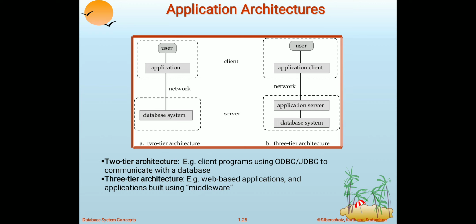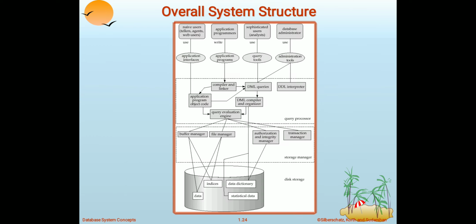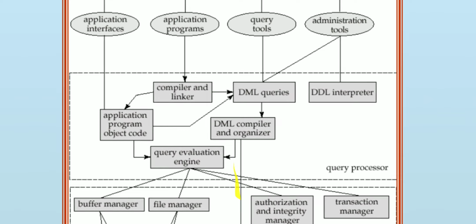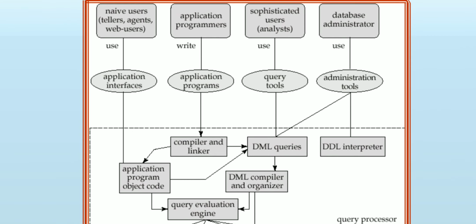That query will be linked to the database. See the diagram here also: application programs go to the compiler and linker. Generating a forgot password request goes to the compiler and linker, which asks for the DML queries. DML queries mean generating the questionnaire.